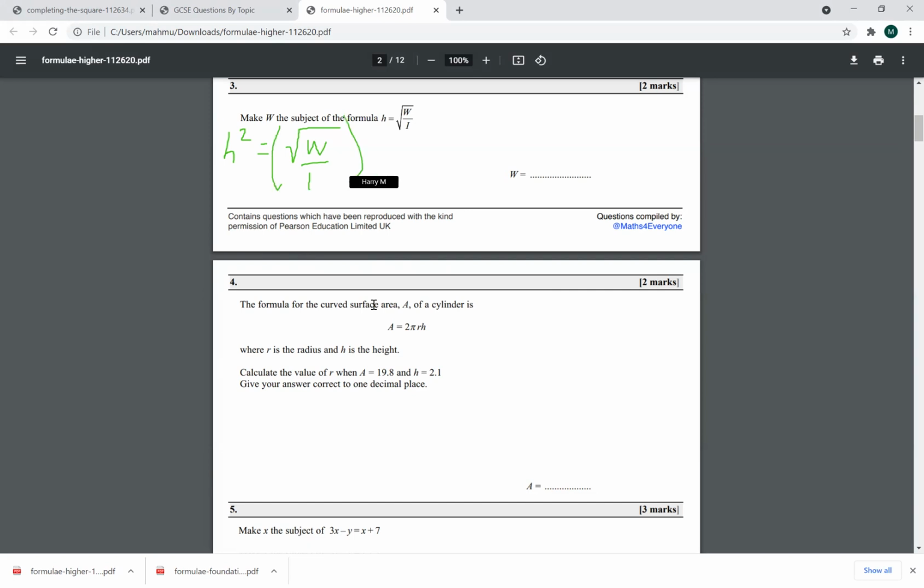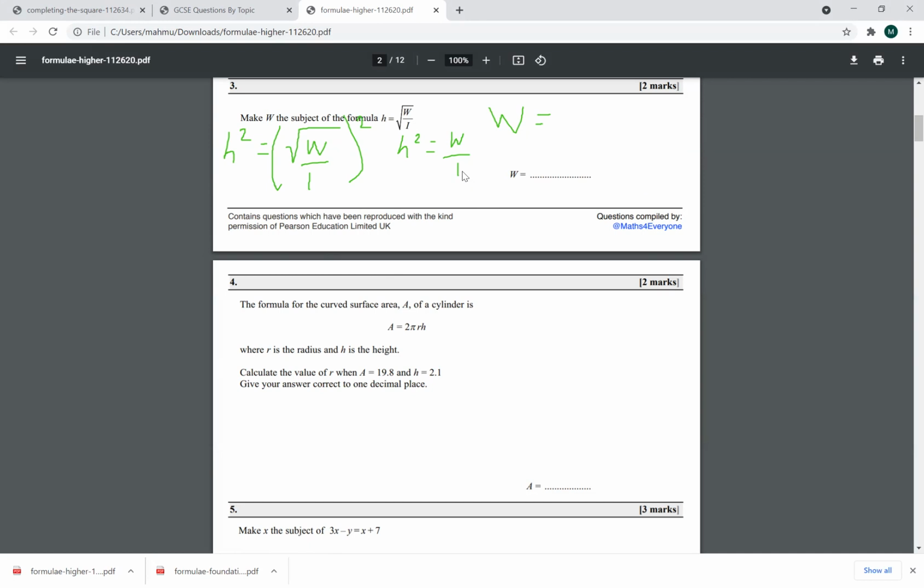So that's good. Now this will cancel out the square root, so you're left with h squared equals. How will you find w on its own?